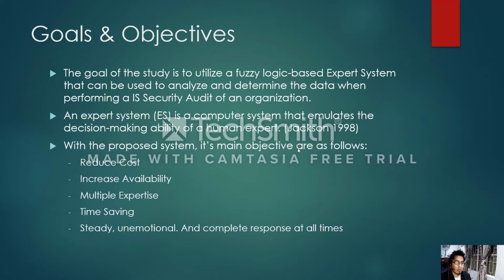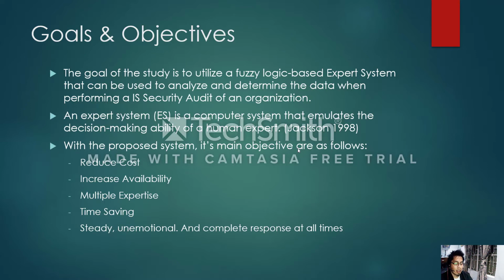With the proposed system, the main objectives are as follows. Reduced cost, simply because if you have an expert system utilizing fuzzy logic to determine the security audit, you will no longer have to hire multiple staff to perform this. Increased availability, since it's easier to deploy. Multiple expertise, since you can apply this to different systems and also different organizations.